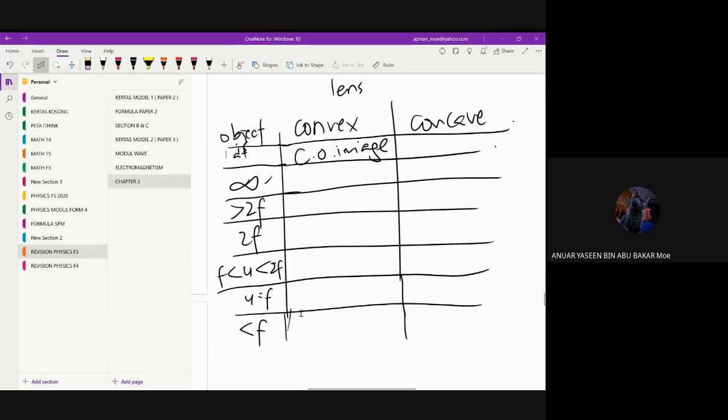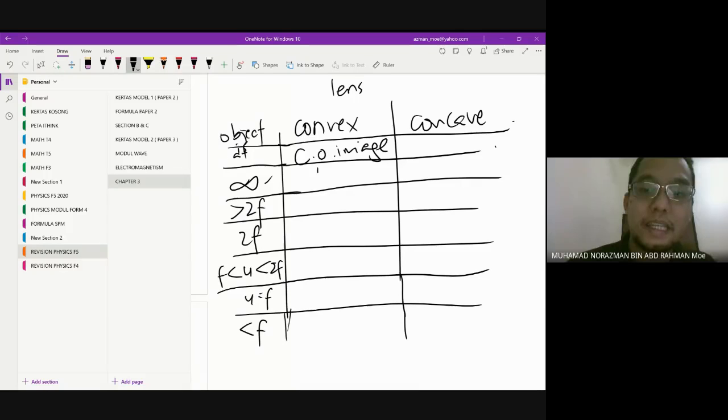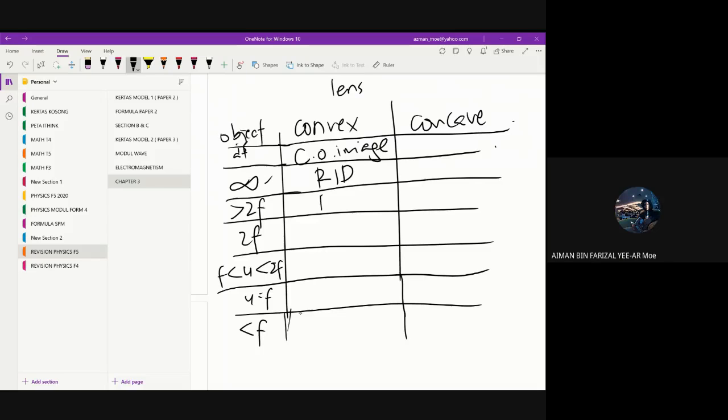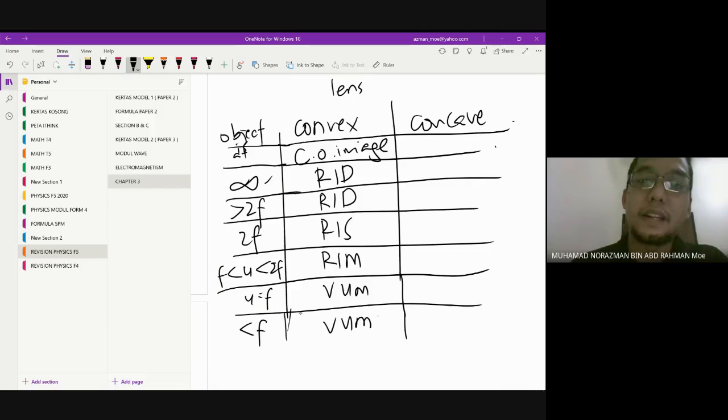Real, inverted, diminished. Next, real, inverted, diminished. Okay, what does it mean? It is real, inverted, diminished. Real, inverted, same size. Okay, bila dia dekat 2f je, it is same size.